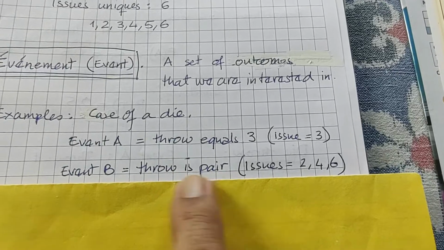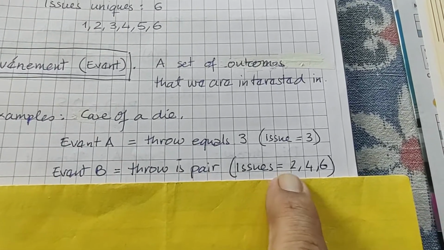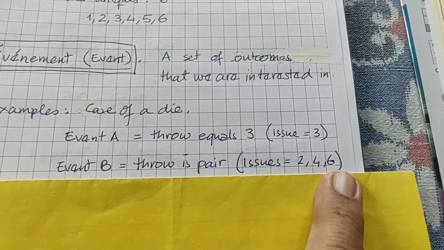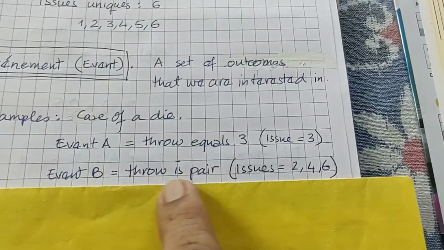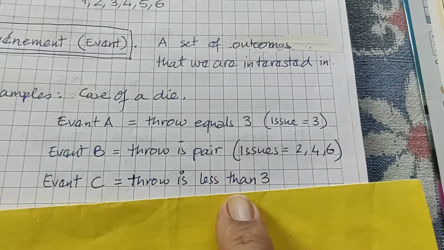Throw is pair. Similarly, if I had said throw is odd, then outcomes 1, 3 and 5 would make up event B. Event C, throw is less than 3.